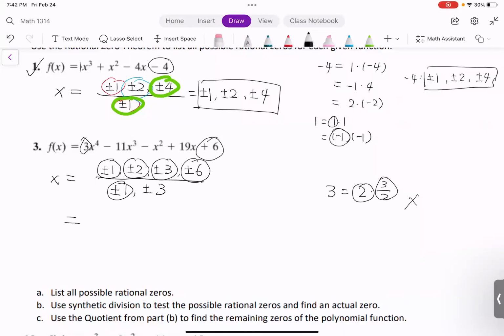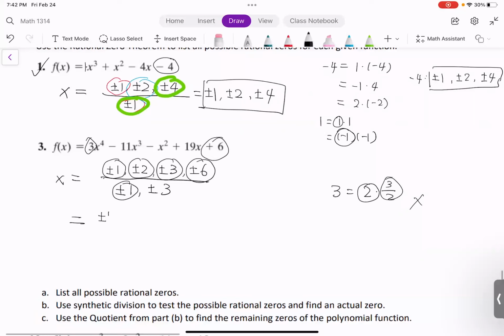positive or negative 1. So I'm having positive or negative 1, positive or negative 2, positive or negative 3, positive or negative 6. And then use all of them on the top divided by positive or negative 3. Positive or negative 1 divided by positive or negative 3 is positive or negative 1/3.